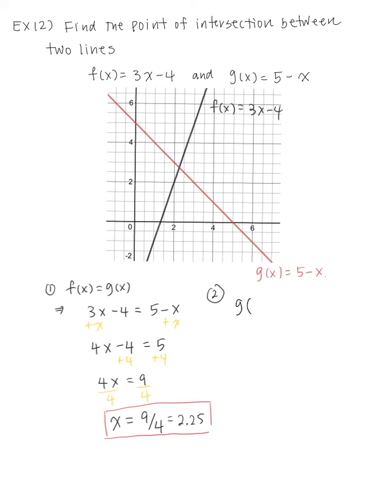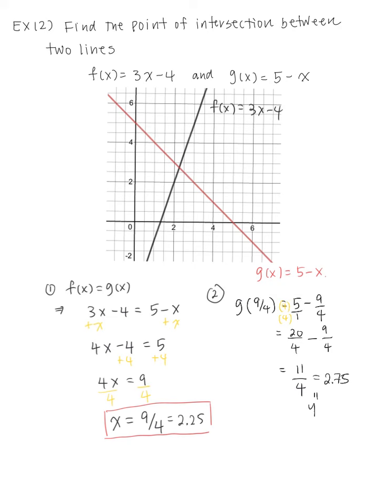So I'm going to compute g of 9 over 4, which is 5 minus 9 over 4. We need the common denominator of 4. That means I need to multiply the top and the bottom of 5 by 4. So the new numerator is going to be 20. So what do we get? 20 minus 9 is 11 over 4, which is 2.75.